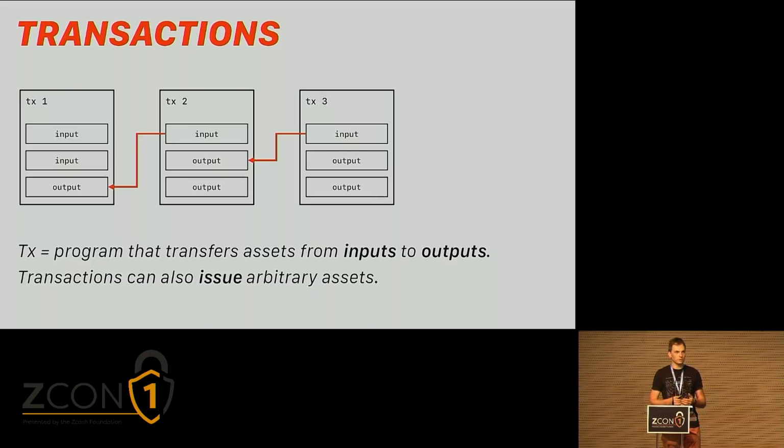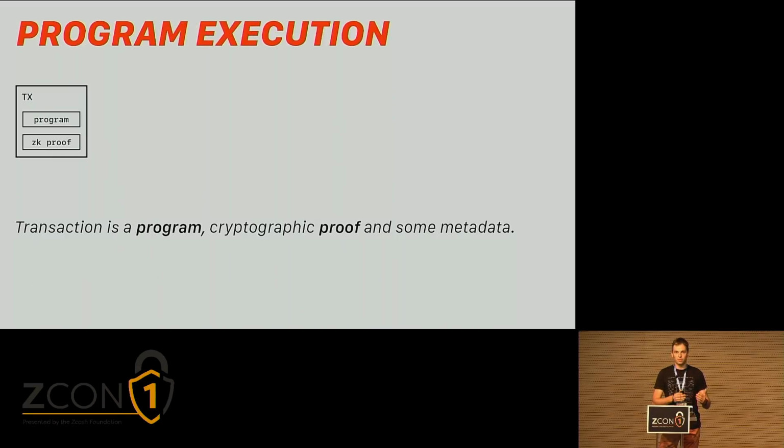There are issuers, and they can create their own assets. Second, a transaction is not a hierarchical data structure that declares those pieces of information. Instead, each transaction is a program, and this program imperatively performs actions on the assets. It claims the input, creates an output, splits and merges value.